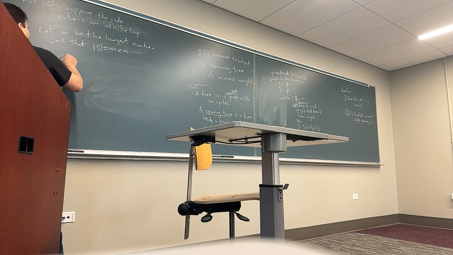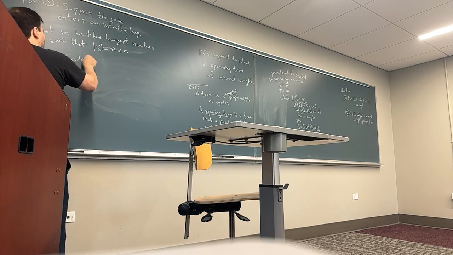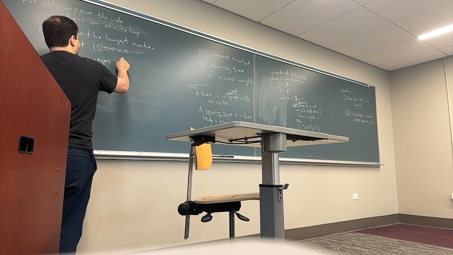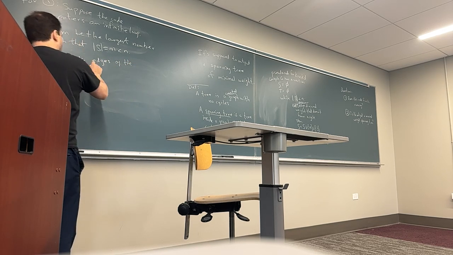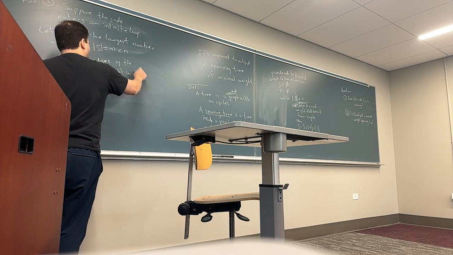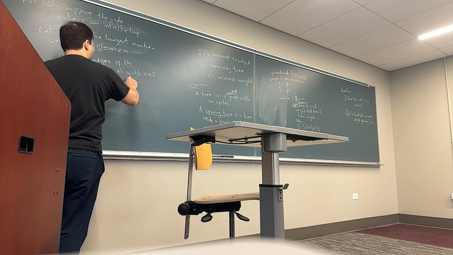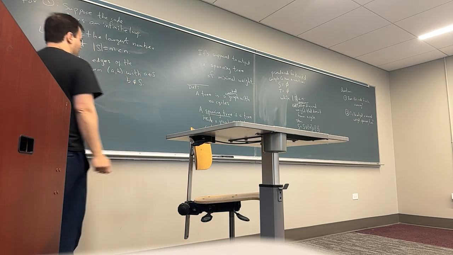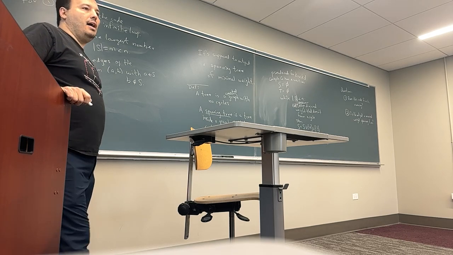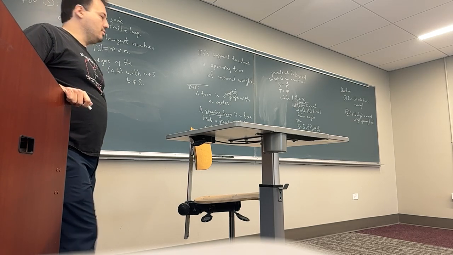Okay? So then, now consider edges of the form A comma B with A in S and B not in S. Okay, now how do we know that these edges exist?